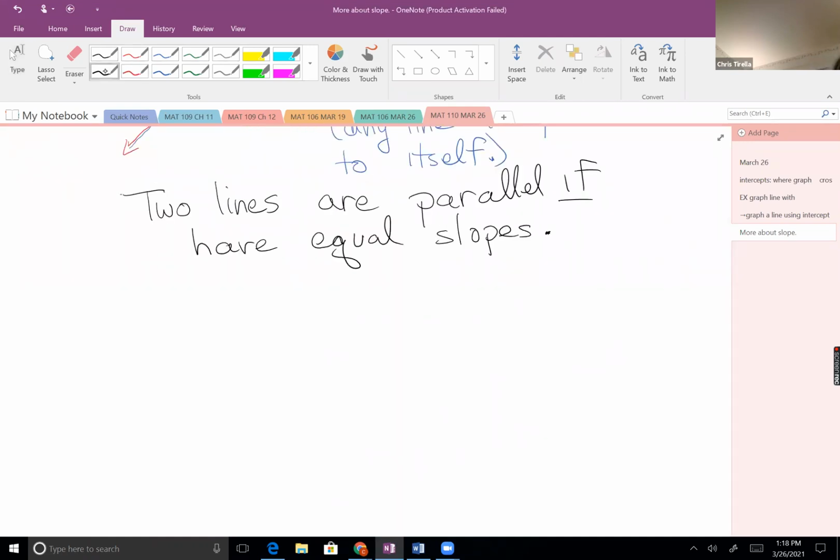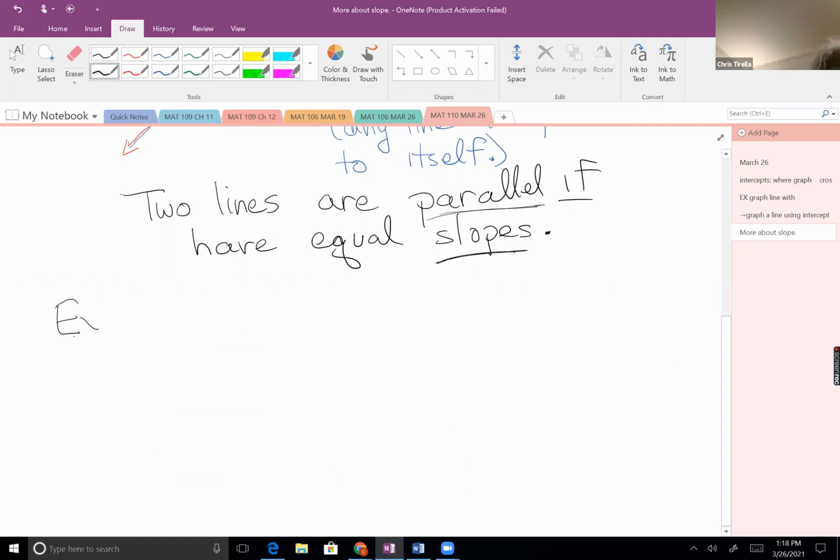And we'll find two types of questions that deal with this. But when I see that word parallel, I immediately think about slope.